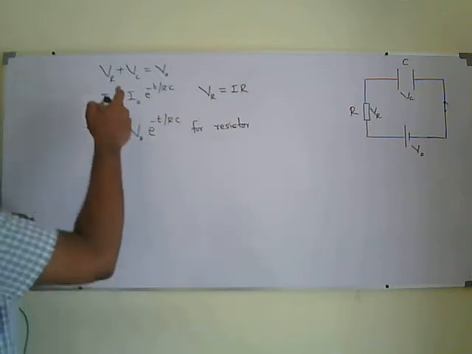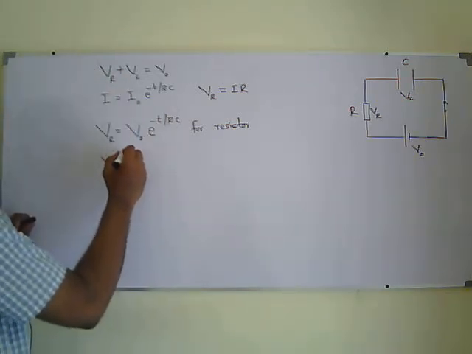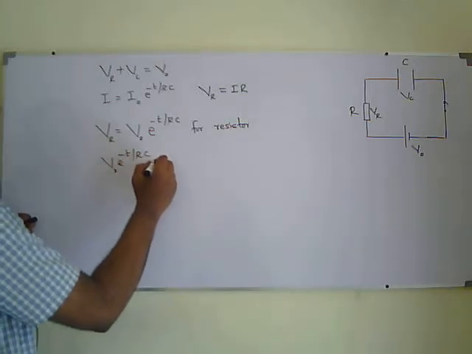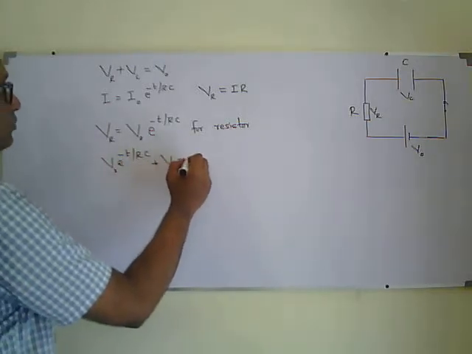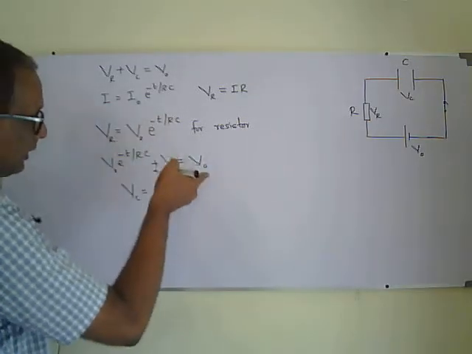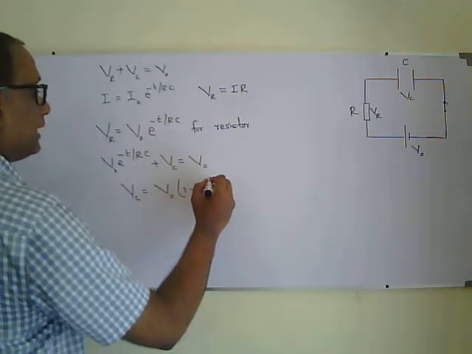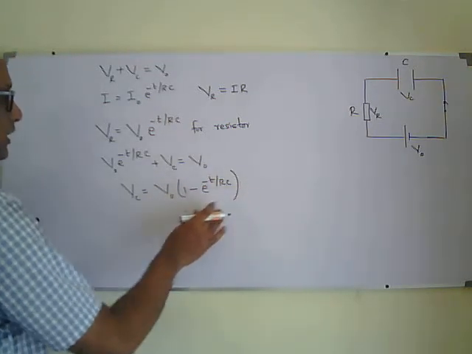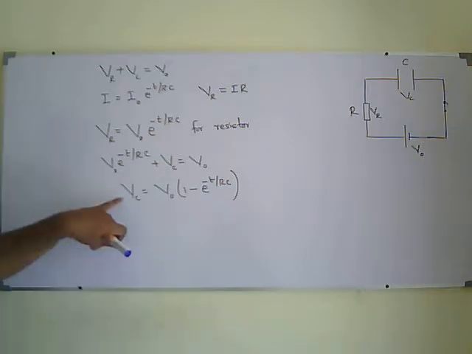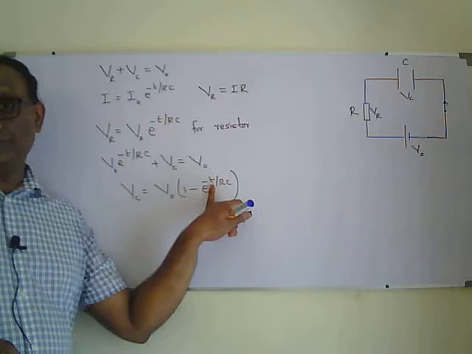So the voltage across the capacitor I can find: V naught e to the power minus t over RC plus VC equals V naught. So VC will be equal to, taking it to the other side, V naught into 1 minus e to the power minus t over RC. By using this, I can find the voltage across the capacitor at any time t.